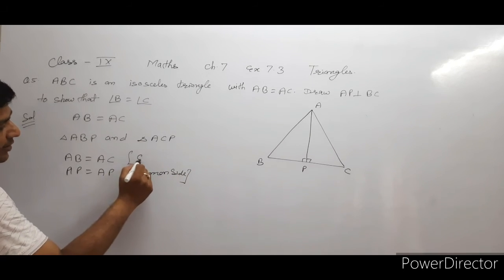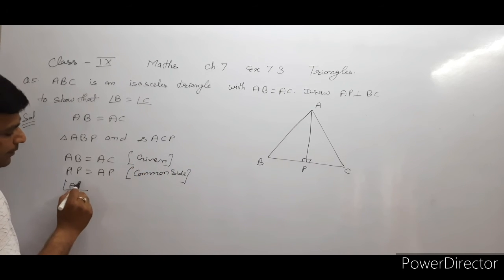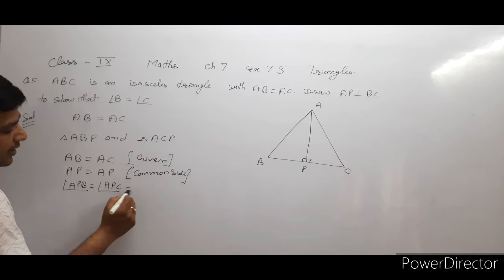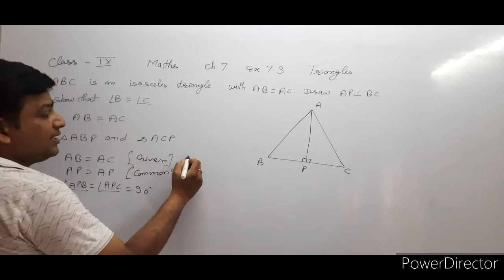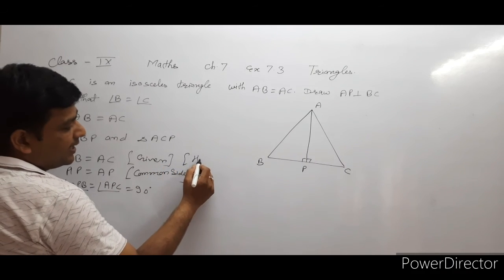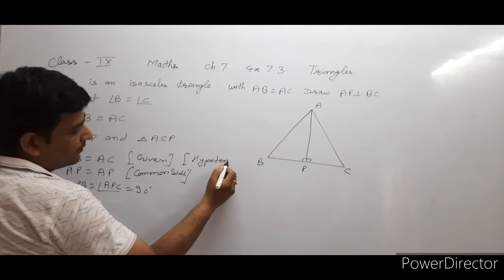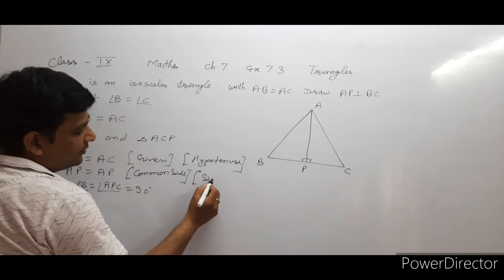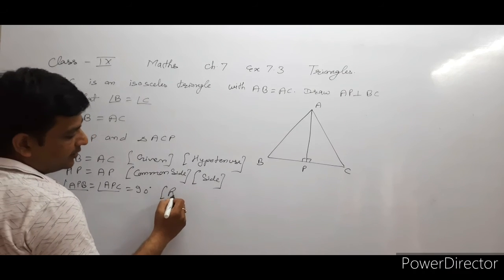This is the given part, and angle APB is equal to angle APC, 90 degrees. AB is equal to AC, that makes a hypotenuse. This is any side, one side, with the hypotenuse and right angle.